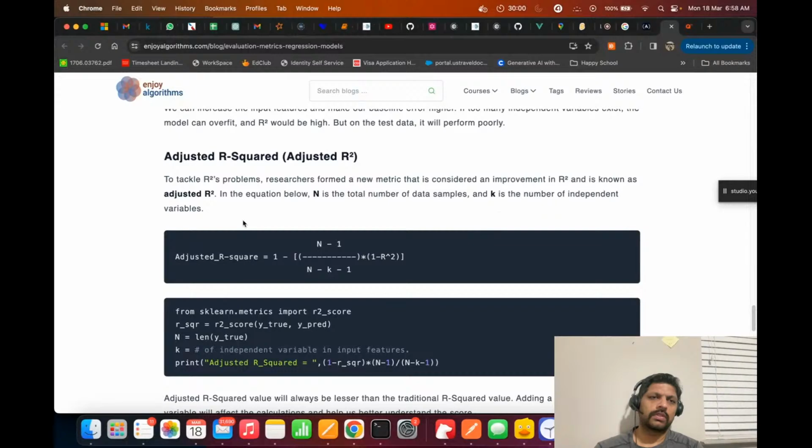R square is going to be, in this equation, n the number of data samples, k the number of independent variables, and adjusted R square has n minus 1 by n minus k minus 1.